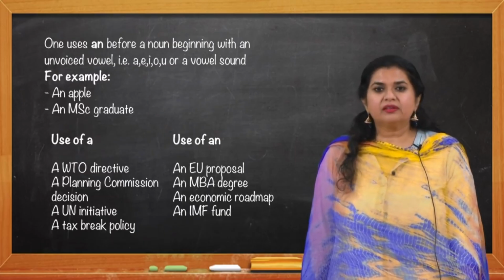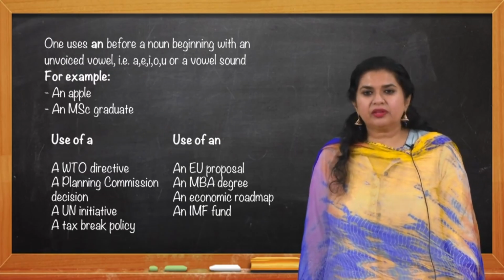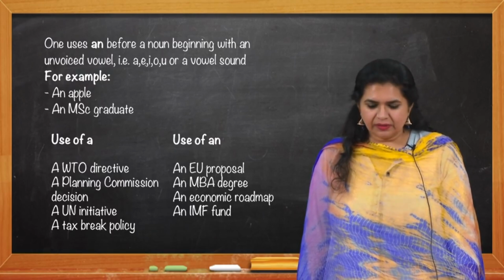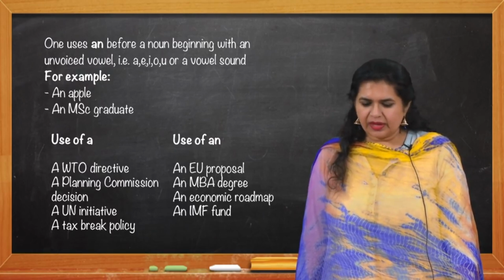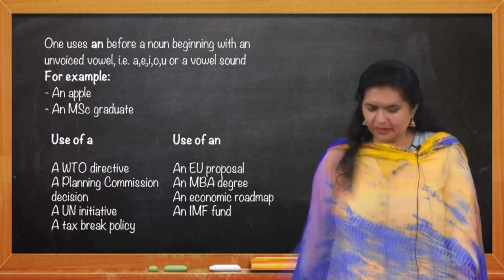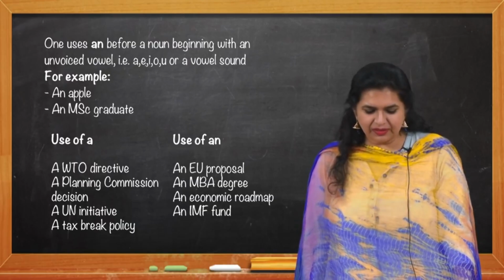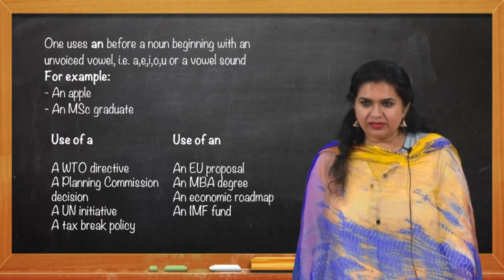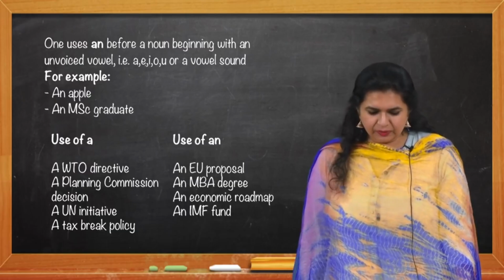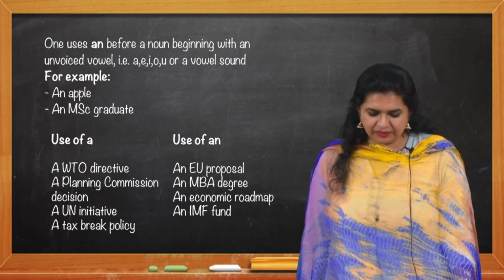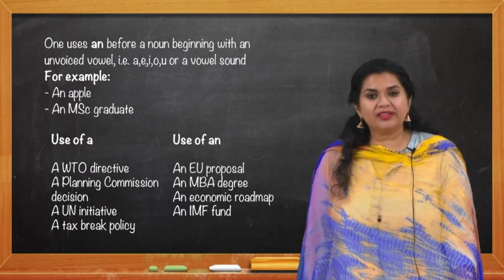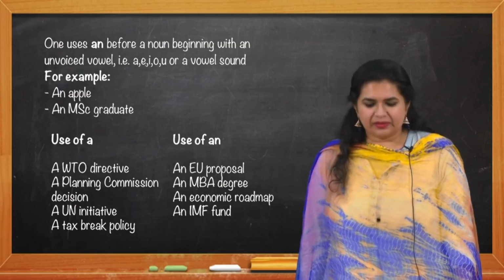And remember, one uses an before a noun beginning with an unvoiced vowel, a, e, i, o, u are a vowel sound. For example, an apple, an MSc graduate, unvoiced vowel. Use of a WTO directive, a planning commission. So, these are the examples.